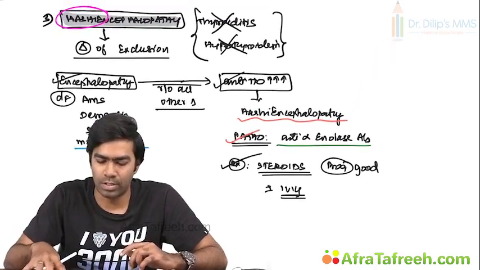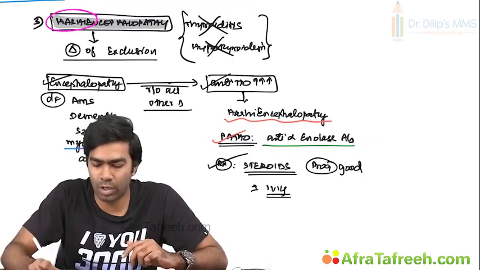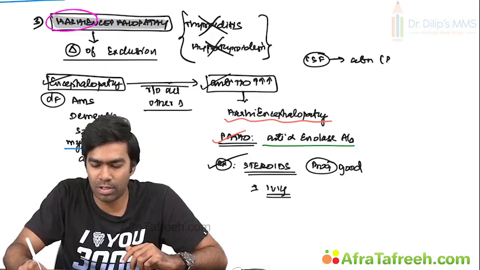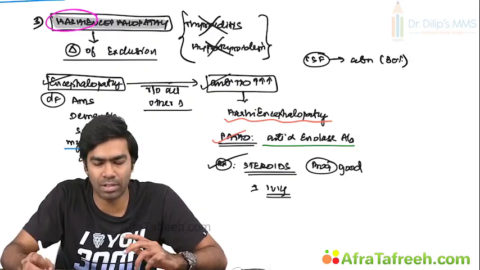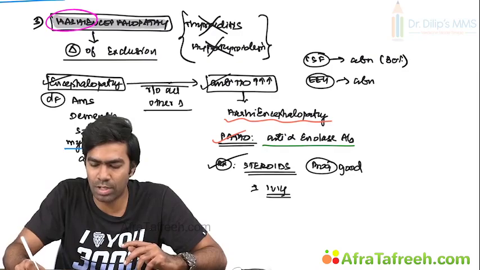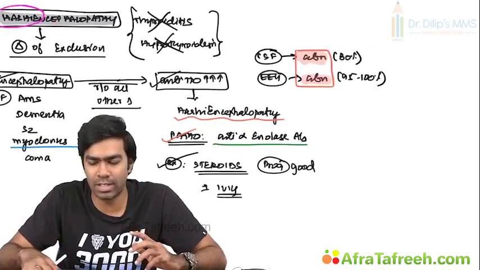Fine. So what about the CSF and EEG findings? CSF will be abnormal, incidence is 80%, 20% normal, and EEG also will be abnormal in almost 95 to 100%. Almost all patients will have an abnormal EEG.